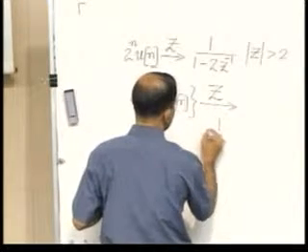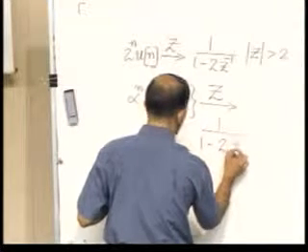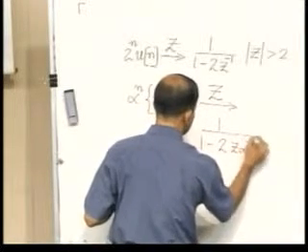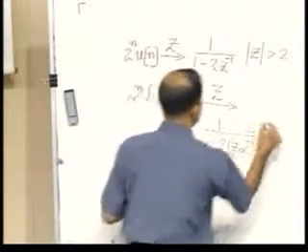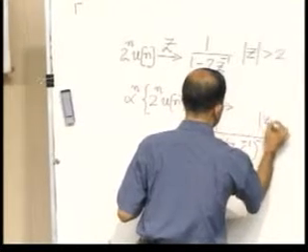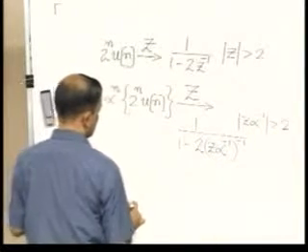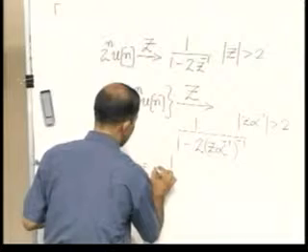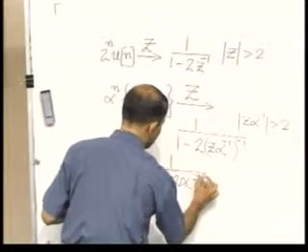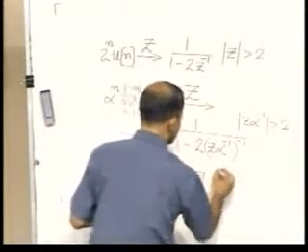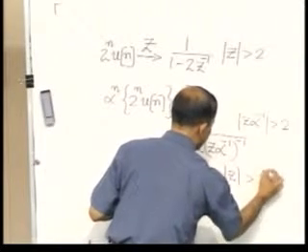The property tells us that the Z transform will be 1 by 1 minus 2 z alpha inverse with mod z alpha inverse greater than 2, which can be rewritten as 1 by 1 minus 2 alpha z inverse with a region of convergence mod z greater than 2 mod alpha.